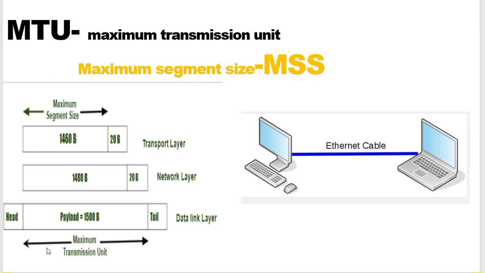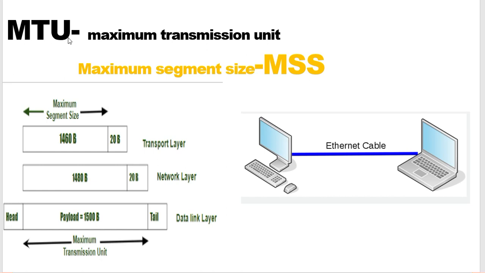In the data link layer, this is the capability of the cable to carry as one single frame of packets, including the payload and any headers, tail, and any additional marking. So this is the maximum that can go.